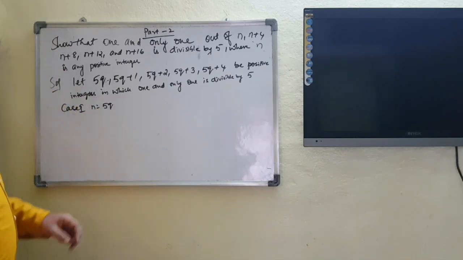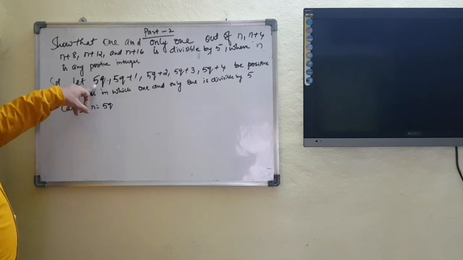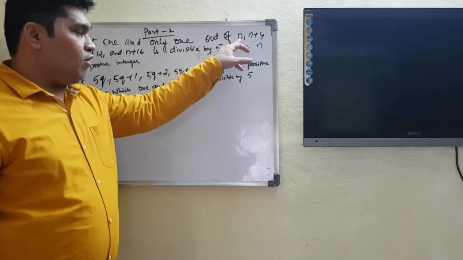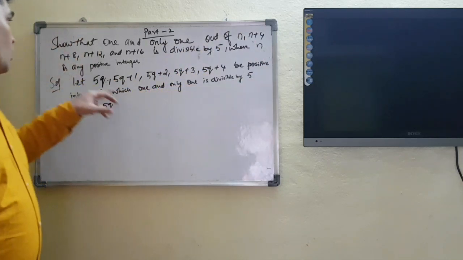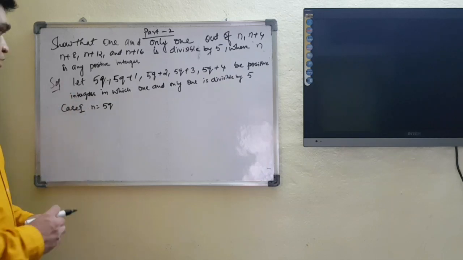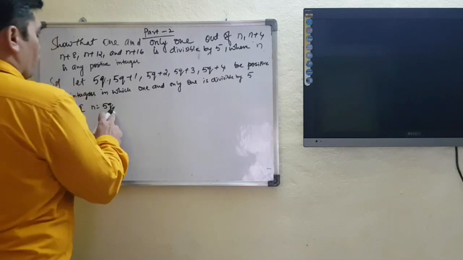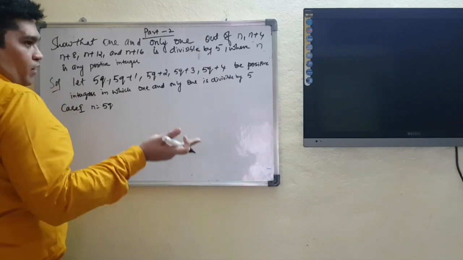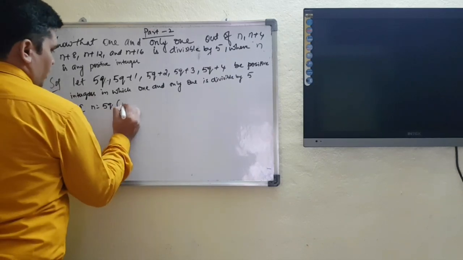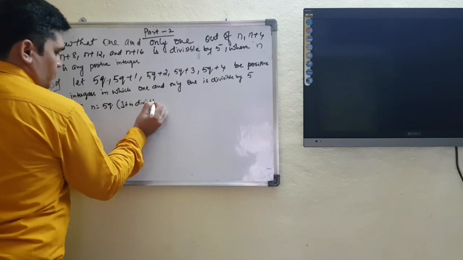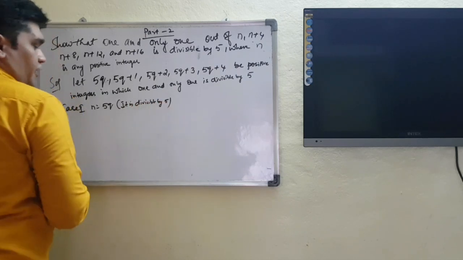It means now I am going to take the first term 5q as n, and this n term I am going to substitute in all of n, n plus 4, n plus 8, n plus 12 and n plus 16 in case 1. Now, since n equal to 5q, the first term, is 5q divisible by 5? Yes. So I am going to write it is divisible by 5.